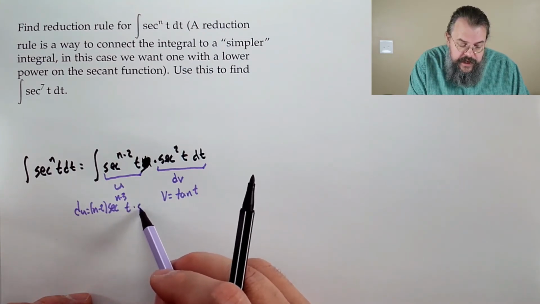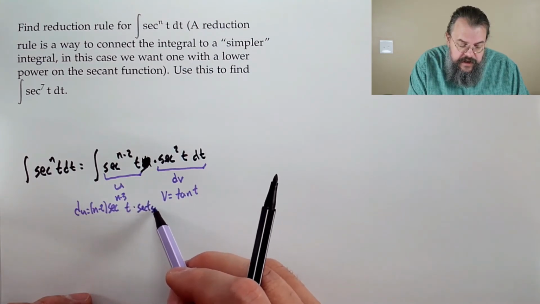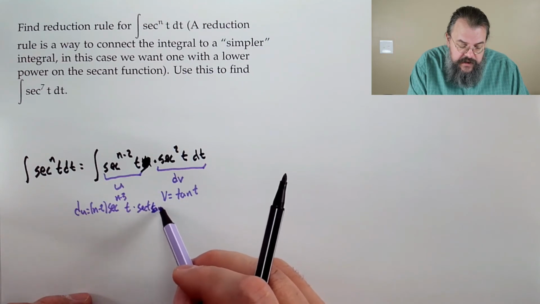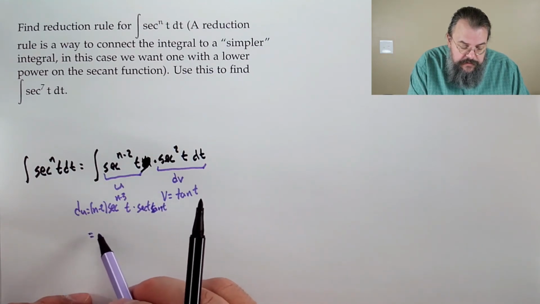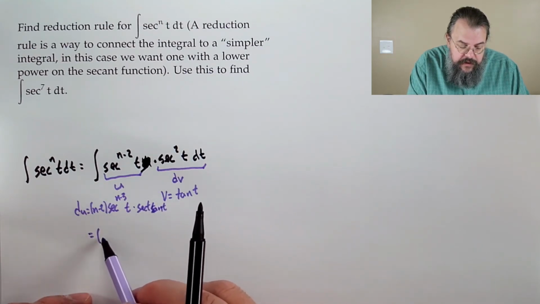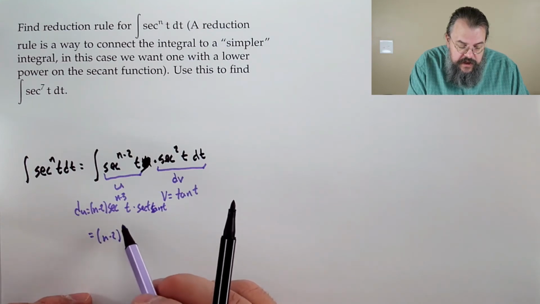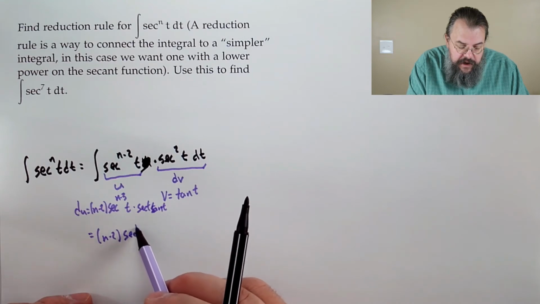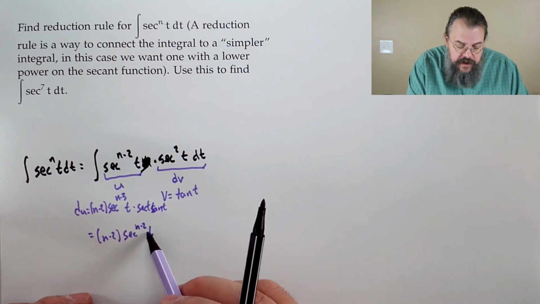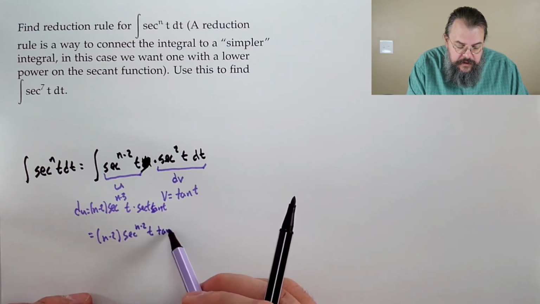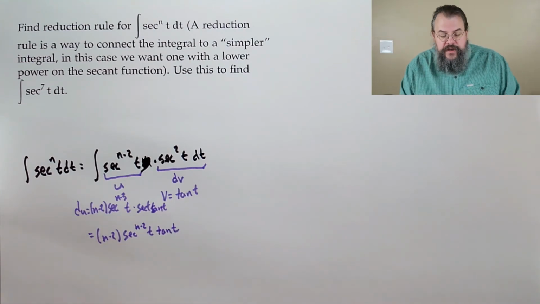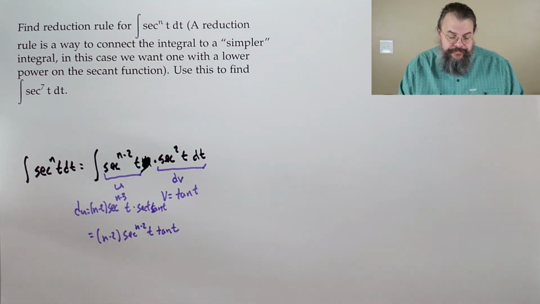Well, so times the derivative of the inside is the secant times the tangent. So, let's clean it up. That's really an n minus 2. And then there's another secant, so that's really a secant to the power n minus 2 and a single tangent. Okay, so there's our du.